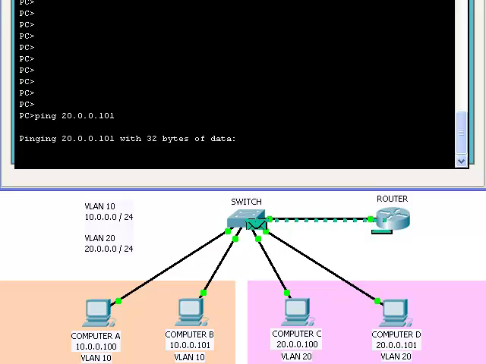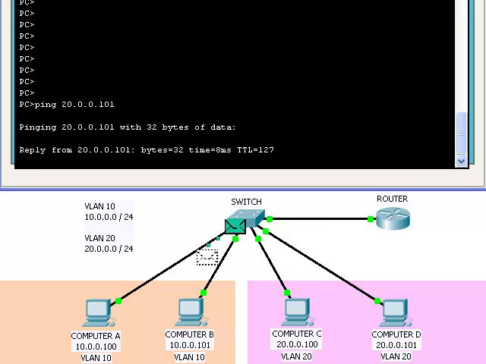All four computers have no problems pinging each other when they are pinged directly.